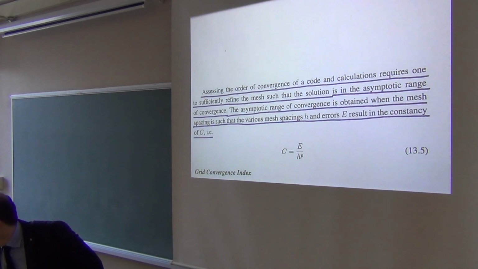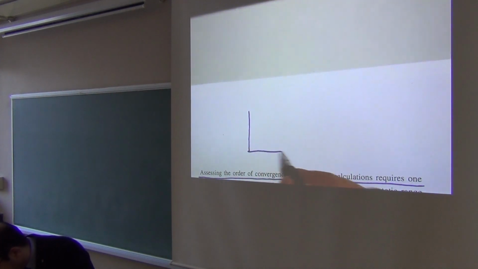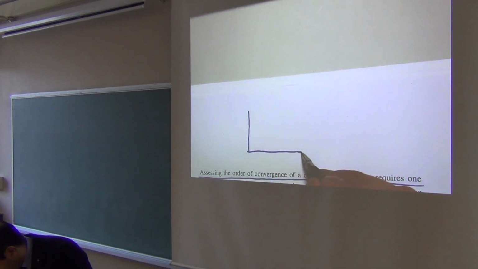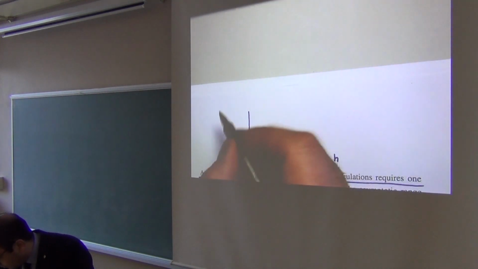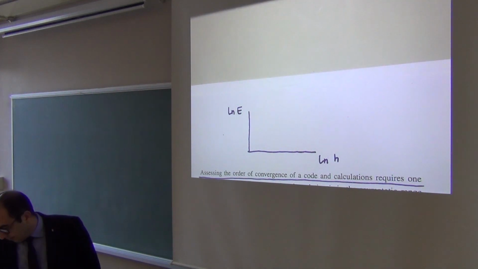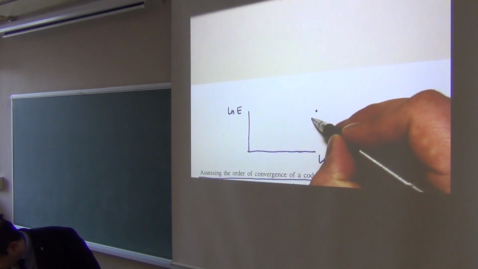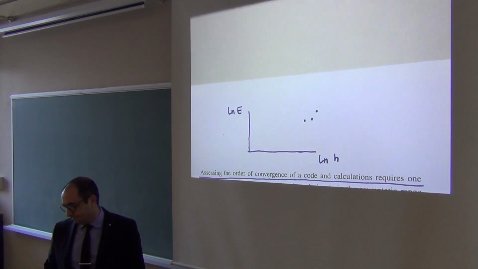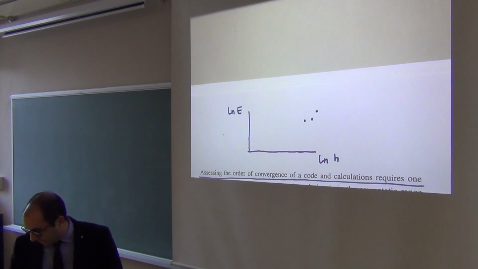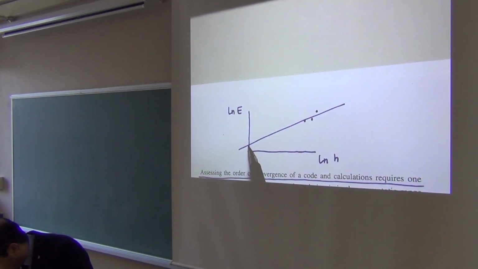Let me try to show a picture. Say your grid is very coarse. It's very coarse. If you have a very coarse grid, you will get, if you calculate order of convergence, one intercept.